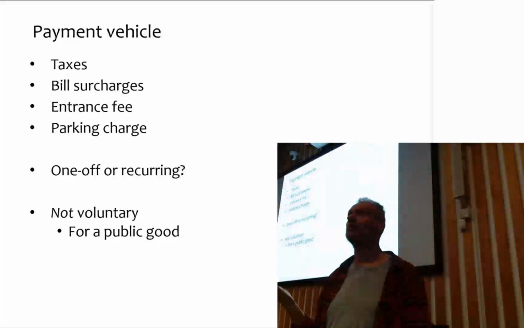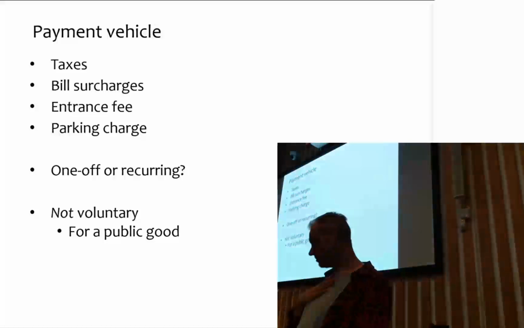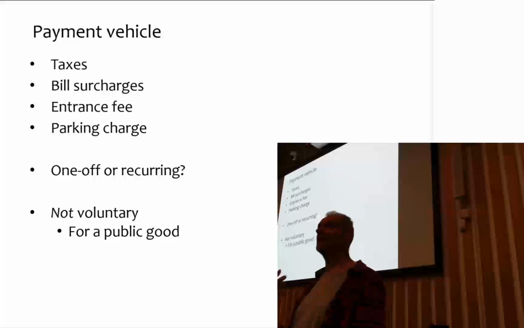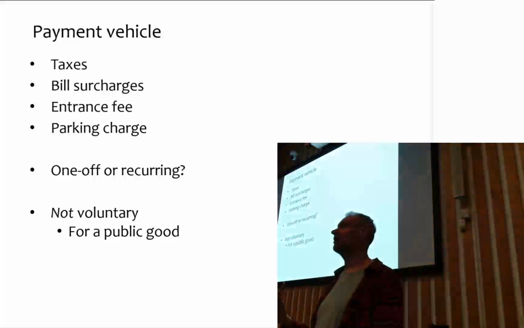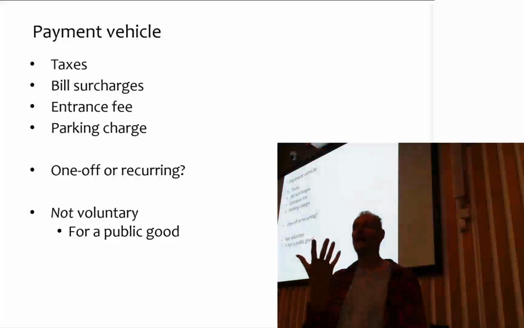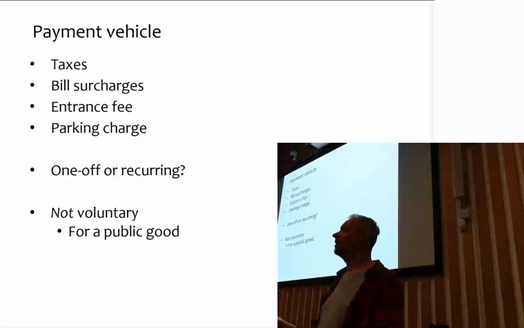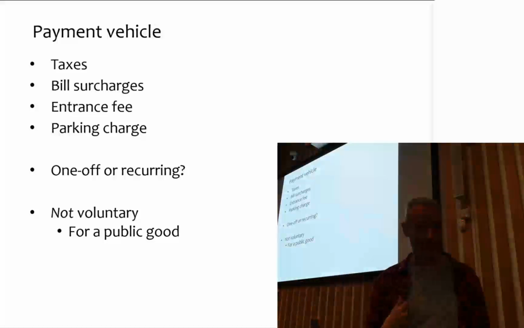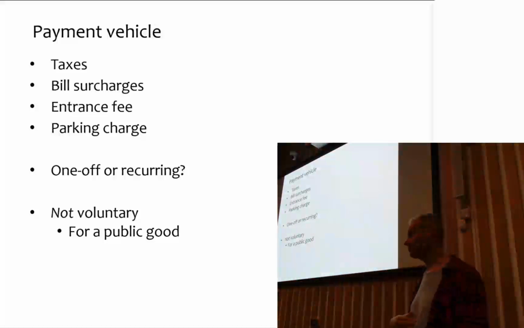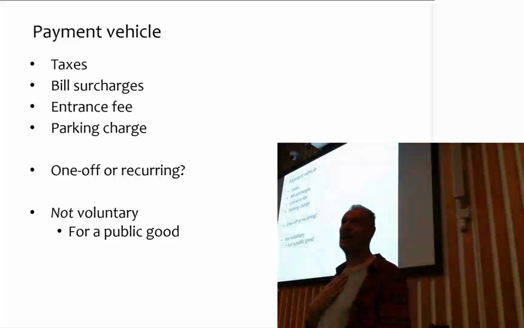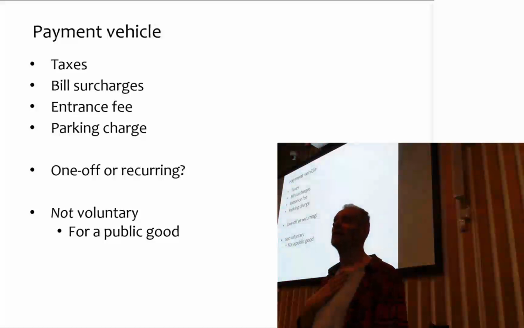Is it through a surcharge on your electricity bill or on your water bill? Is it through an entrance fee, if we're talking about, bless you, entering into a park or onto a beach or into a nature reserve? Or perhaps is it a parking fee, right?